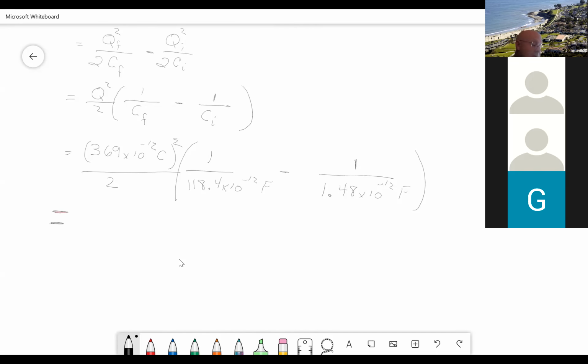All right. So I'll start with this parentheses thing here and subtract that one, because this is 118.4 times 10 to the minus 12, and then I'll take the reciprocal of that. So I'll hit the reciprocal key, then minus 1.48 times 10 to the negative 12, and take the reciprocal of that, and hit enter.